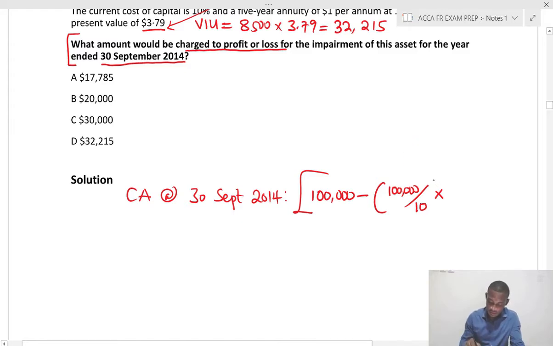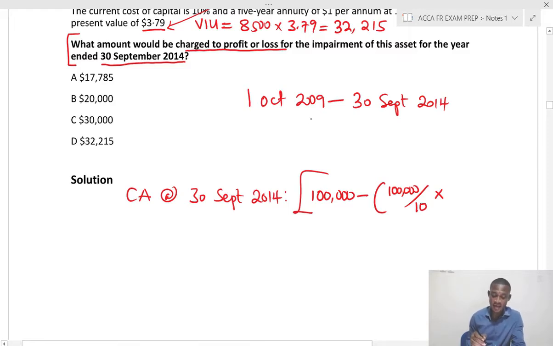The number of years up to date would be from 1st October 2009 to 30th September 2014. And this is how I'll count it. It means that the first year end would be 30th September 2010. So it means that I would have 2010, 2011, 2012, 2013, and 2014. So 1, 2, 3, 4, 5.